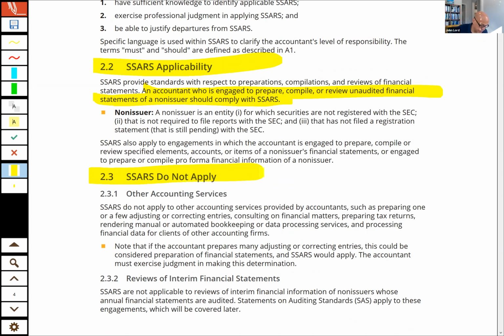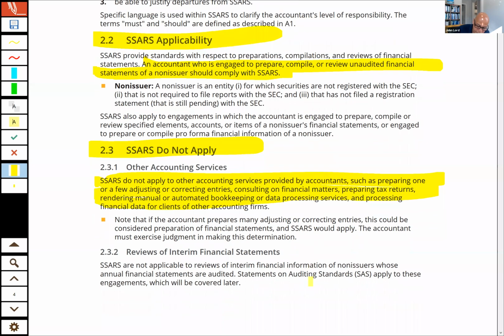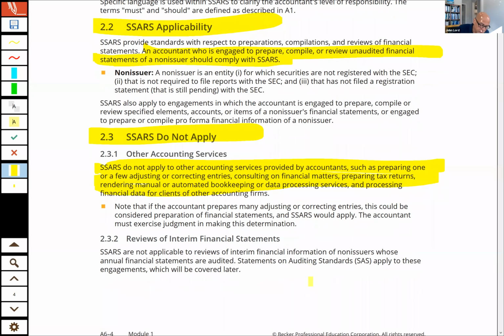Okay, for example, SARS do not apply when we are doing some other type of work, such as preparing tax returns, etc. Okay, if we are just providing automated bookkeeping services, all of these things the SARS do not apply.